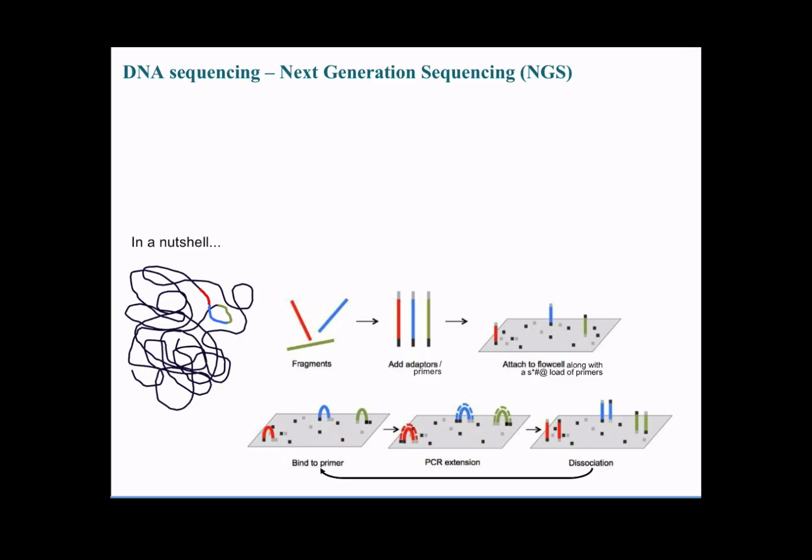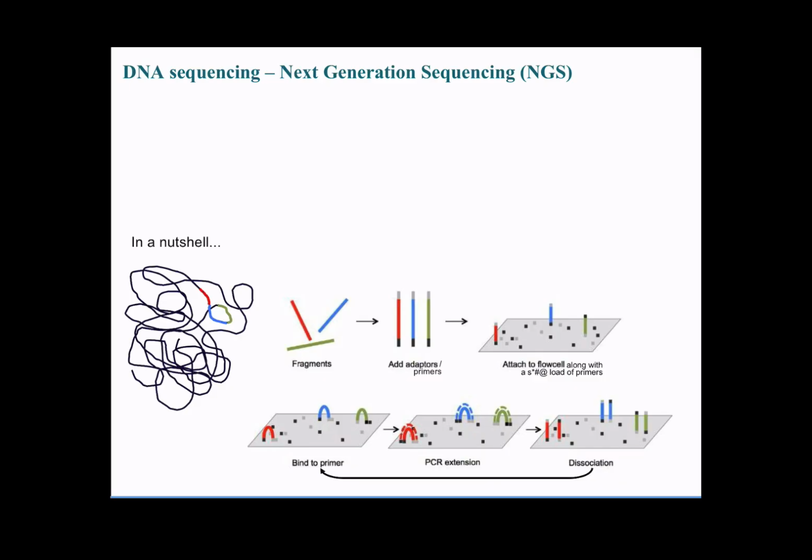Now, those adapters happen to serve, we will see that in a second, as primers as well. So for now, let's just imagine that instead of adding primers to a sequence, hoping that they will go and anneal to a given region of your DNA, they're attached to the end of that fragment, right?